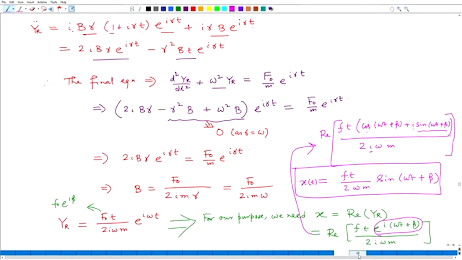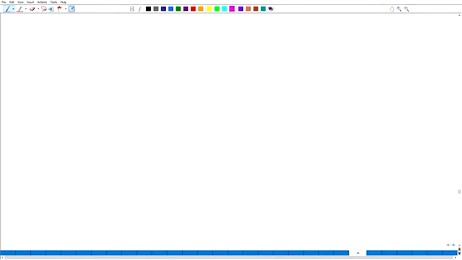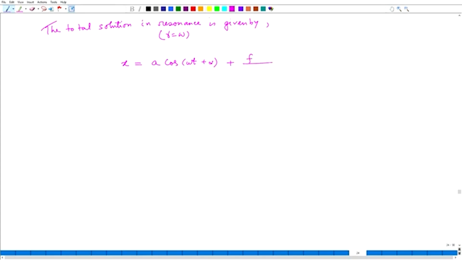The total solution in resonance, meaning gamma is equal to omega, is given by x is equal to a cos omega t plus alpha plus f by 2m omega times t sine omega t plus beta.